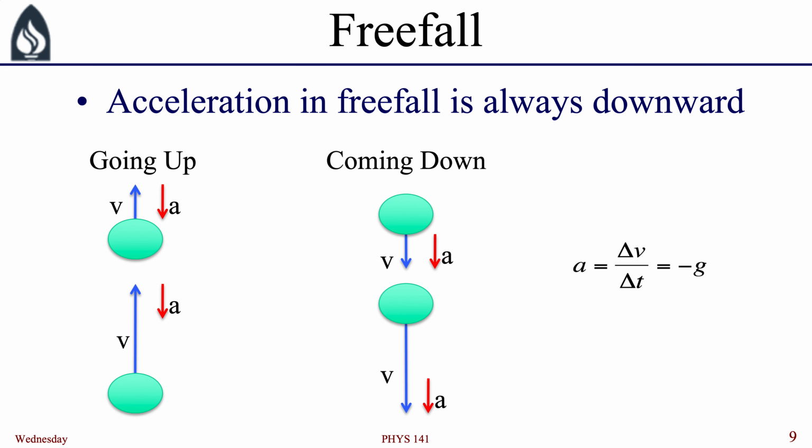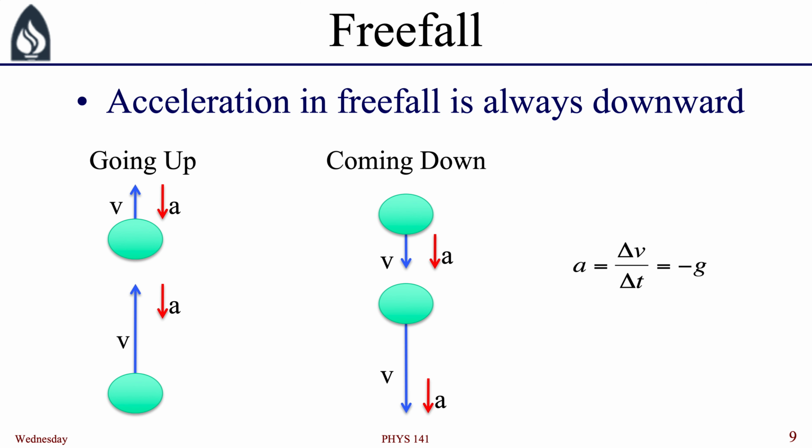So let's look at this. Split the motion up into these two different parts. Think of throwing the ball in the upward direction. The instant it leaves your hand, it's still going up and its velocity is decreasing. So the acceleration is minus 9.8 meters per second squared in the downward direction.